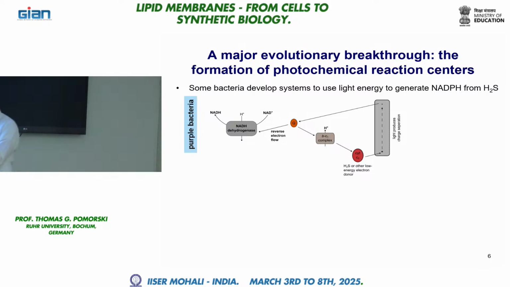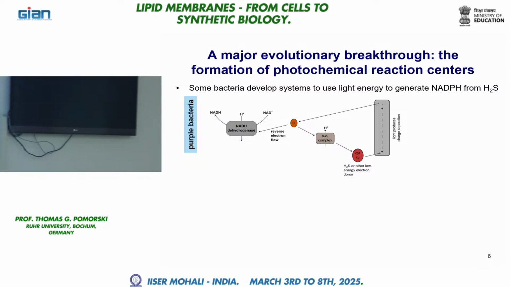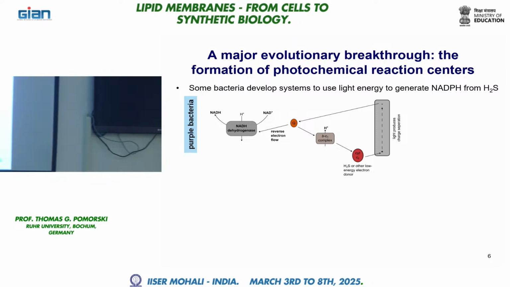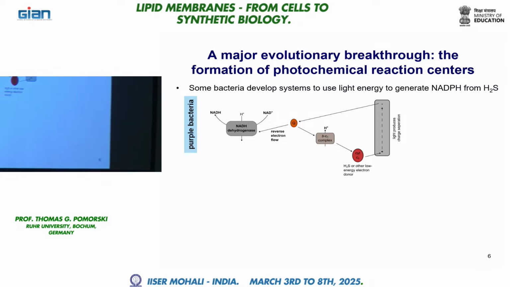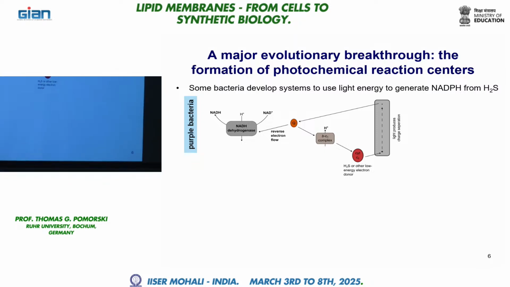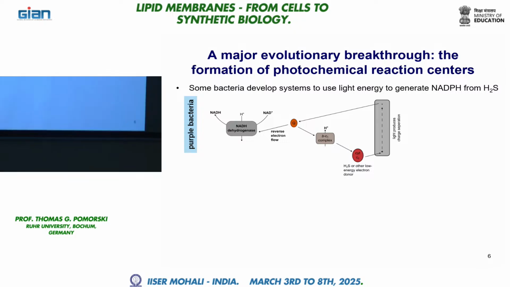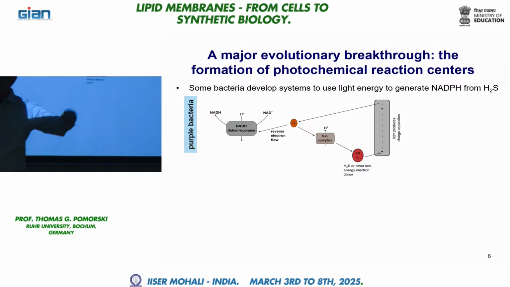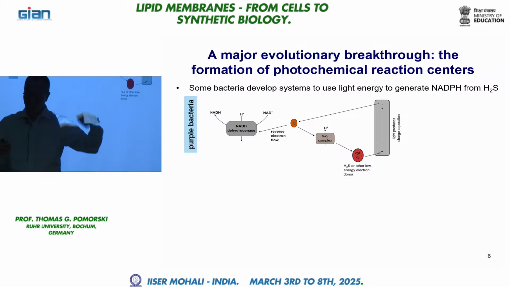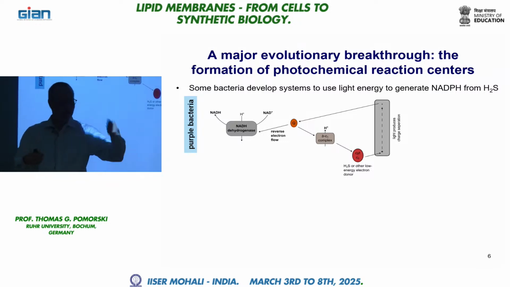So light would be used to energize electrons taken from inorganic material, not from organic material, to energize a proton pump, and this proton pump would be essential to make ATP via these F-type ATPases and to take up material.